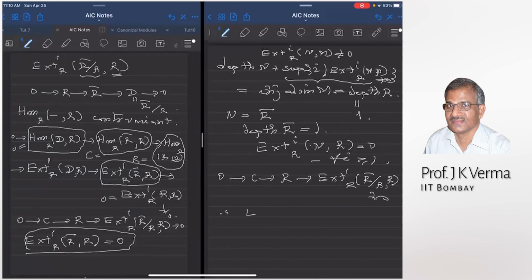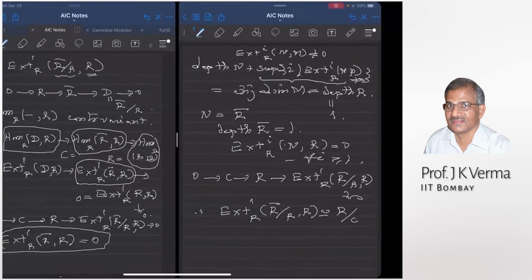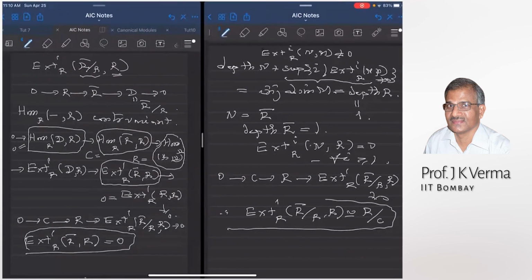And therefore, Ext^1(R bar over R, R) is isomorphic to R mod C. And therefore, the two lengths are the same.